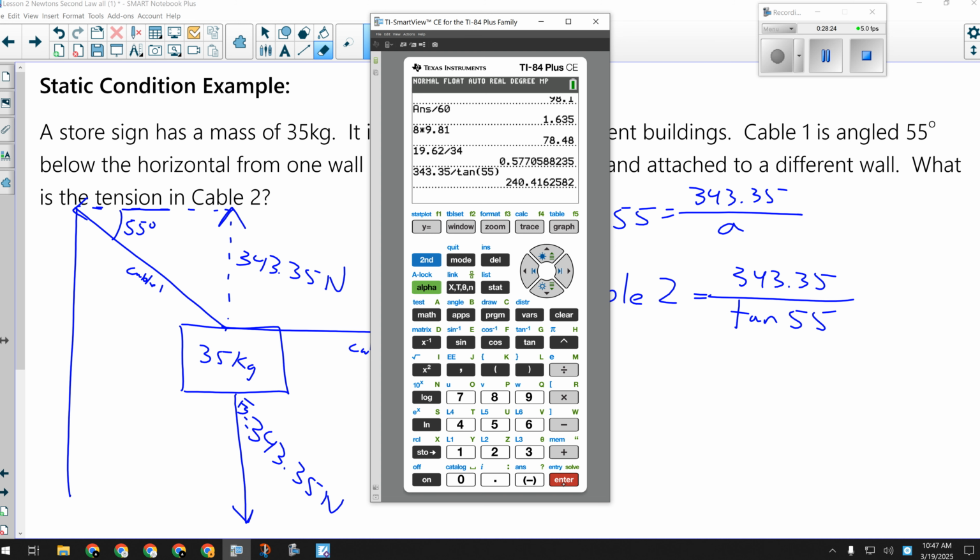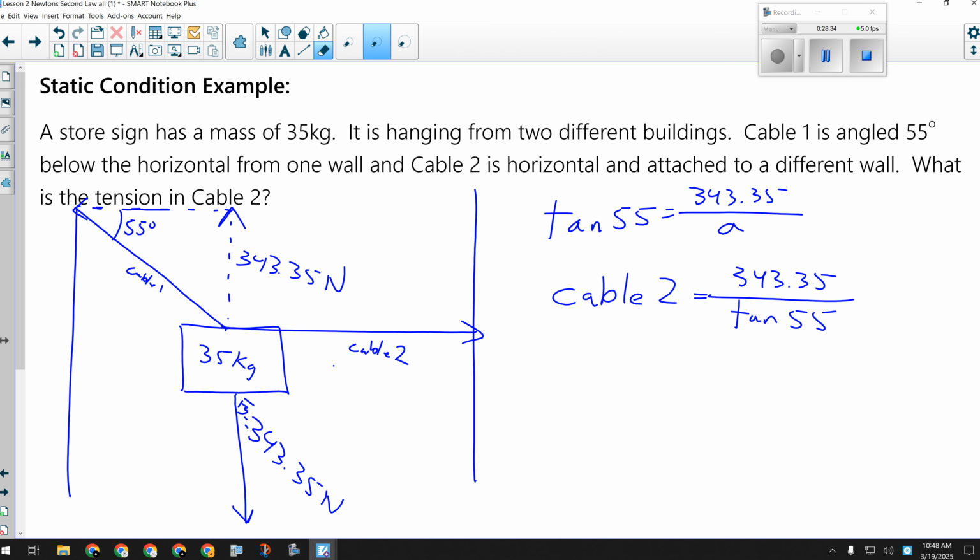So that side is 240 newtons. We only have 2 significant digits in that question. So, cable 2 has a tension of 2.4 times 10 to the 2 newtons.